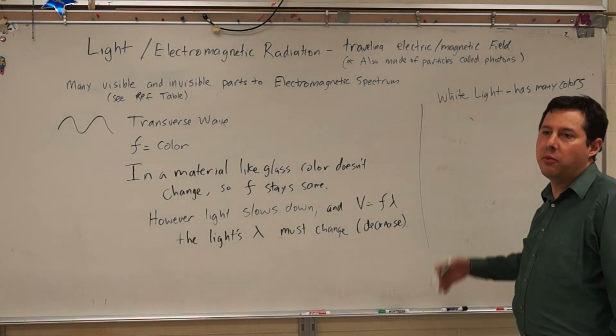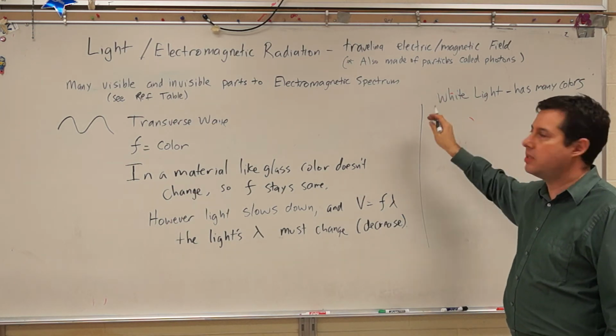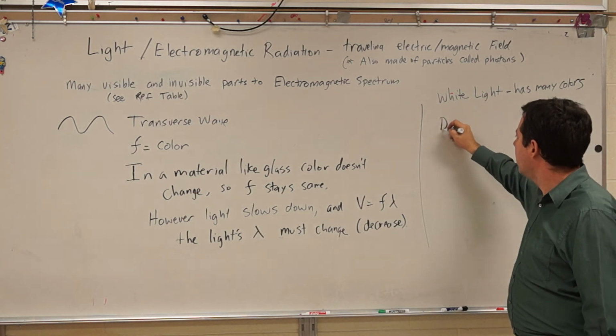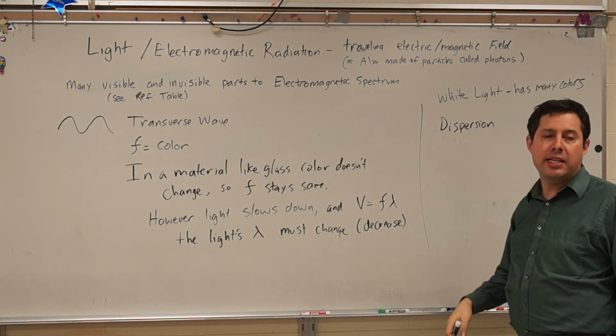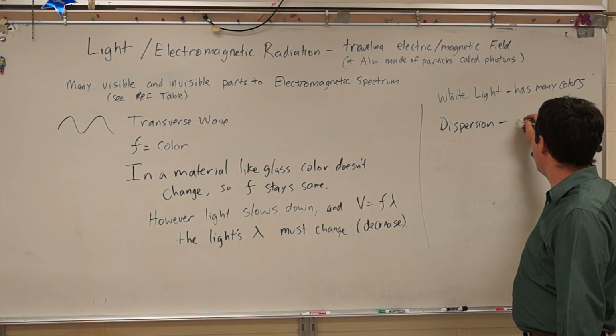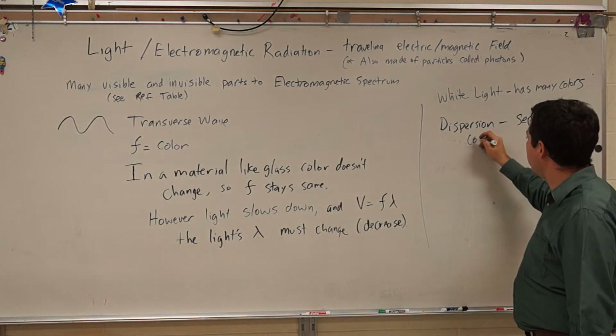And we can look at it with a prism and see that red light, green light, blue light, etc., all make up white light. But you can also see the term dispersion, and that would be like sending white light through a prism. Dispersion separates the colors of light.